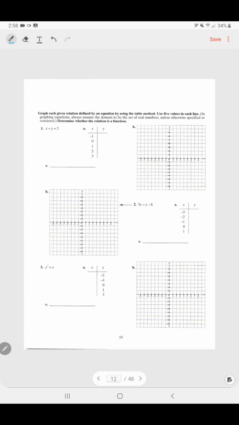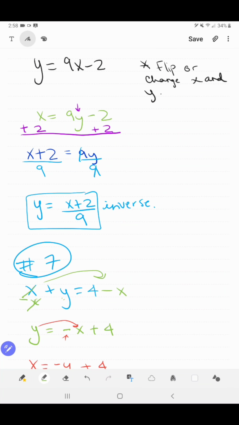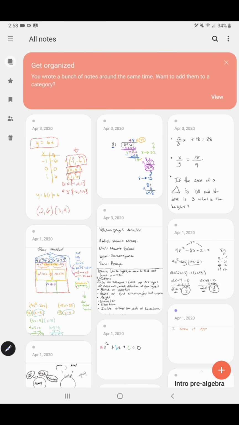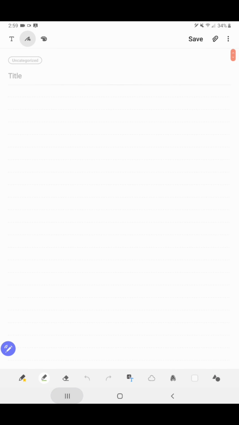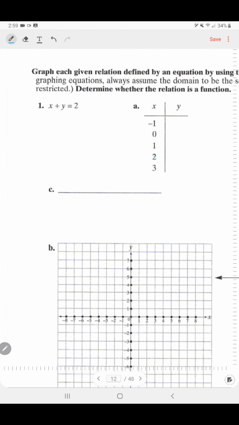The first thing is to change the equation into the proper format. So we have x plus y equals 2.